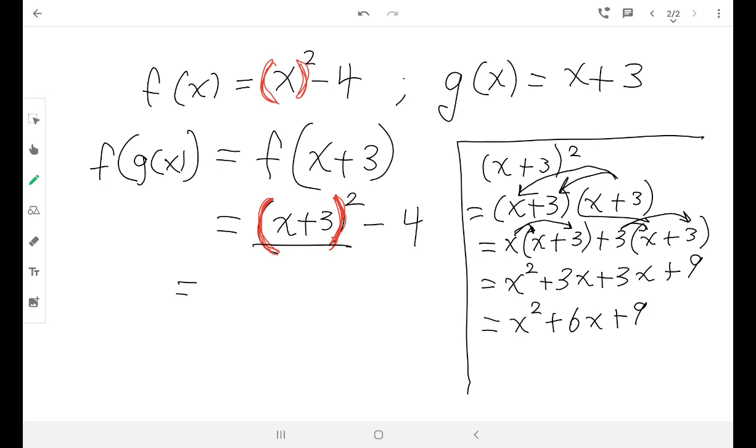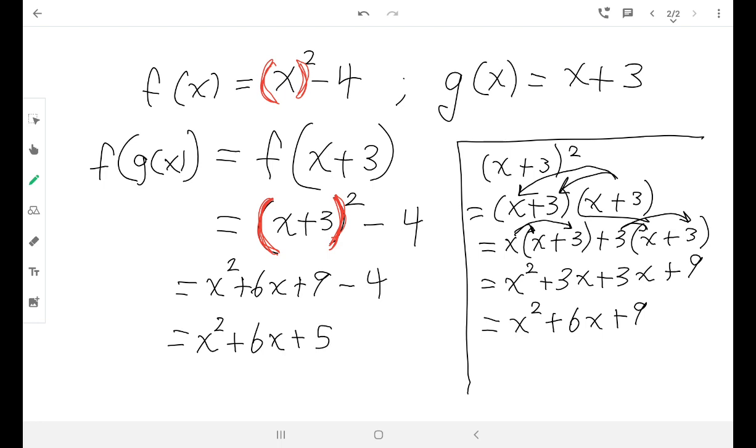So it's x squared plus 6x plus 9, and then minus 4. And then I can put those two together because they're just constants. They're just regular numbers. So I get x squared plus 6x plus 9 minus 4 is positive 5, and that is f of g of x.